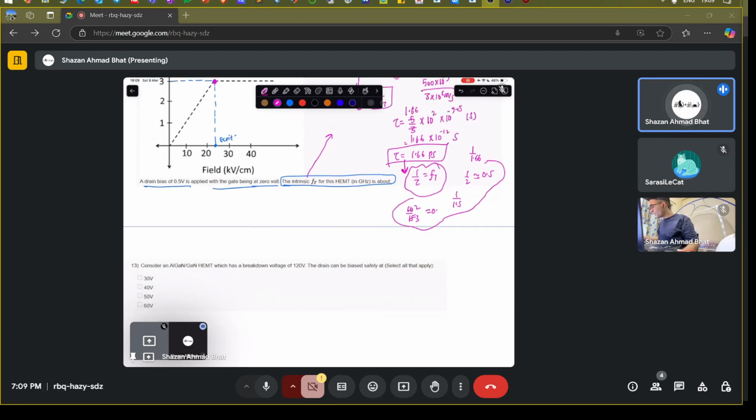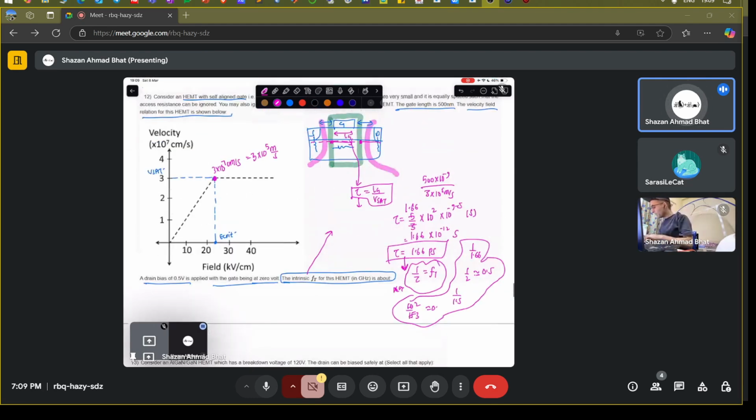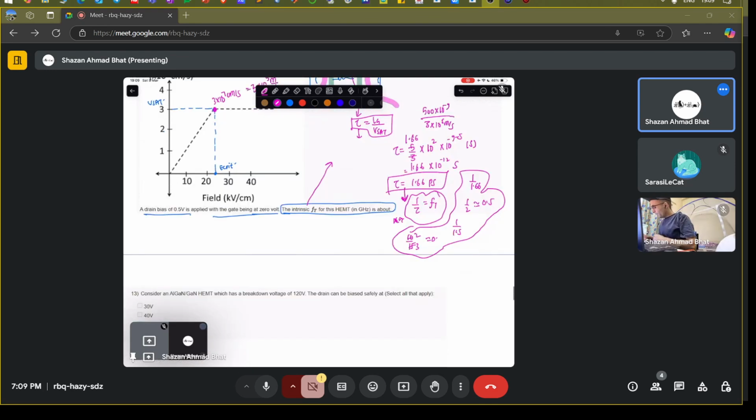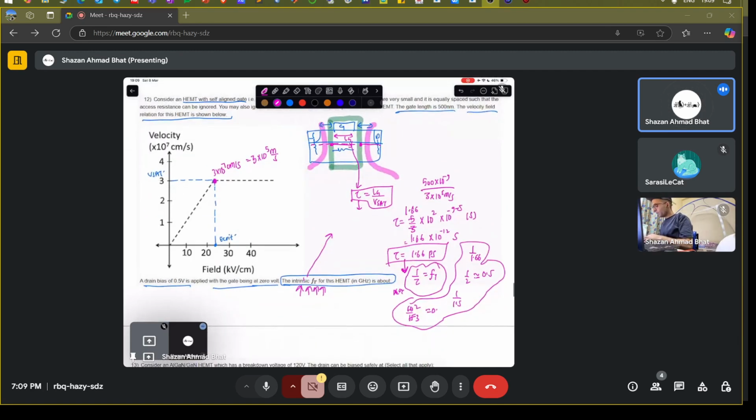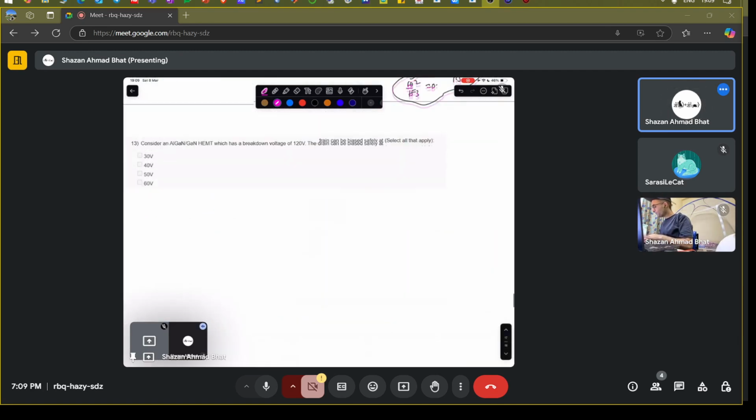If you calculate it carefully, you will get that value. This is the reasoning for this question. The important thing is this intrinsic factor, which is intrinsic to this particular device. Okay, we're done. Just give me a moment.